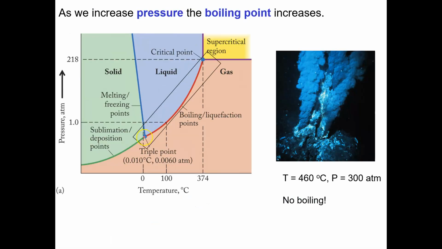So this is kind of cool because if we go to the mid-ocean ridges where there's a lot of volcanic activity at the bottom of the ocean floor, even though the temperature is really high there, because we've got basically like volcanoes down there, and because the pressure is really high, the ocean doesn't actually boil. So that's kind of cool, right? So it's an interesting manifestation of this phenomenon.